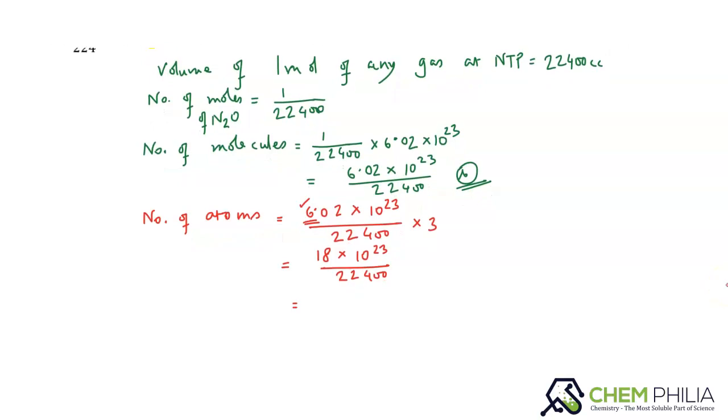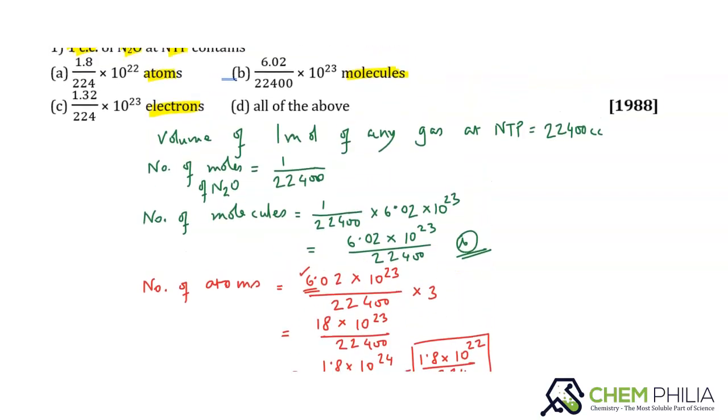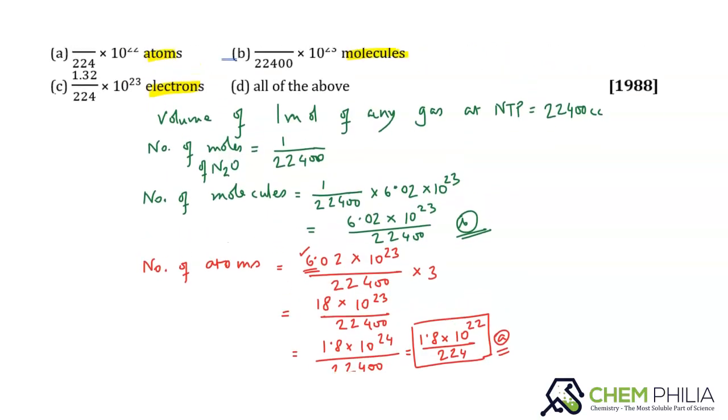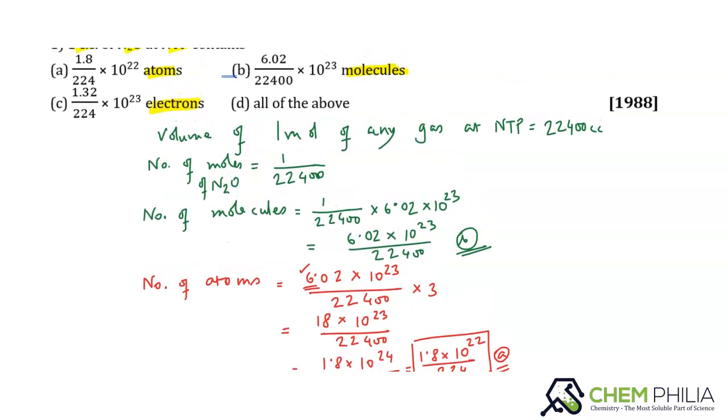So it's actually 1.8 into 10 to the power 24 divided by 22400, so it's coming to be 1.8 into 10 to the power 22 divided by 224. So this is also a correct figure. So option A is also correct. So if two options are correct, that means all of the above will be the answer. Okay, but still let's see option C.